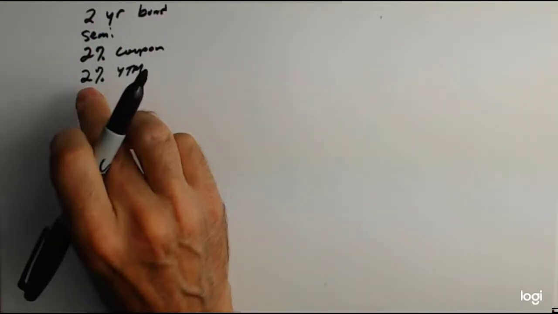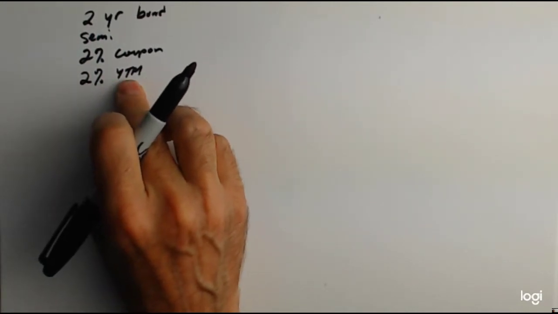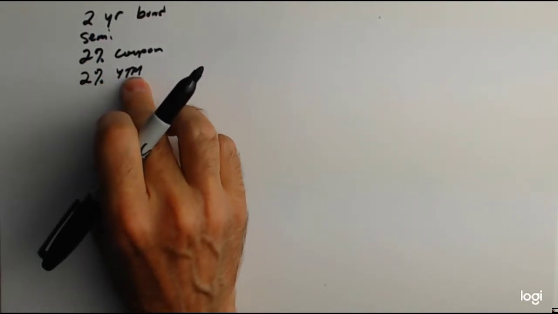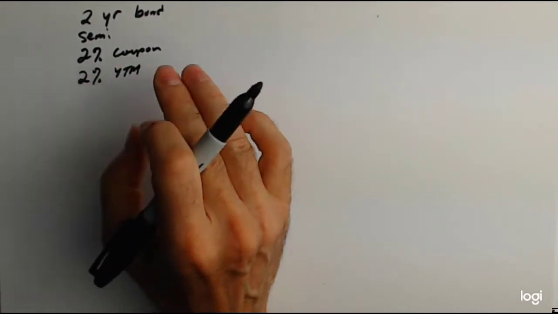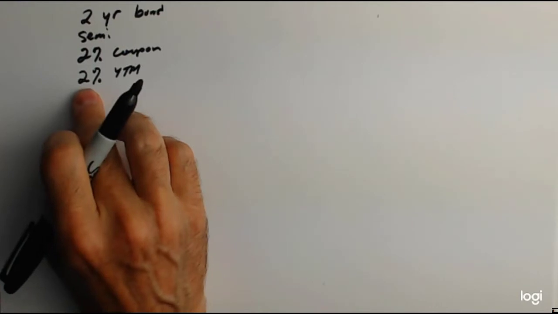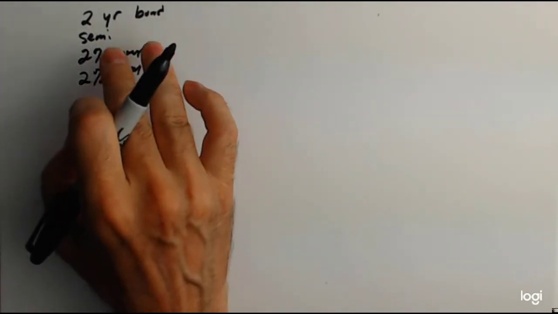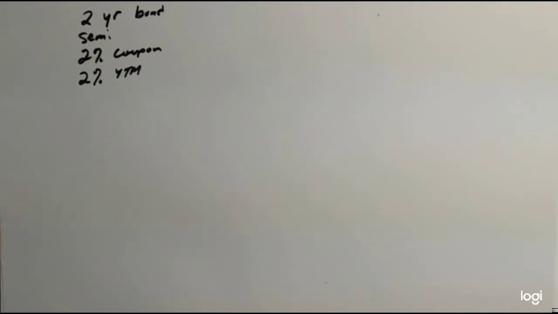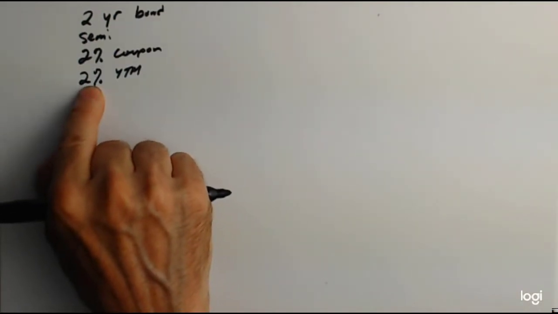What that means is investors are pricing this bond so that they expect to earn a 2% yield to maturity. It's what they hope to earn. We'll see more about what that means, but what it's telling you is this is what the market demands of a particular bond of this risk. So given this risk, the market wants 2% for this bond.